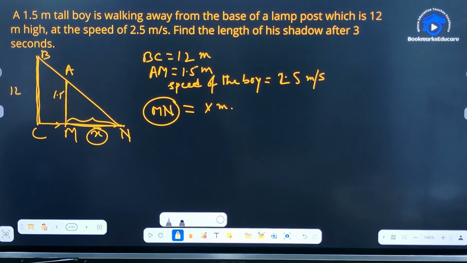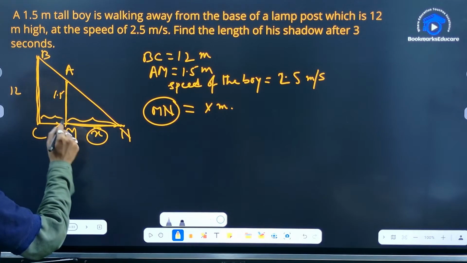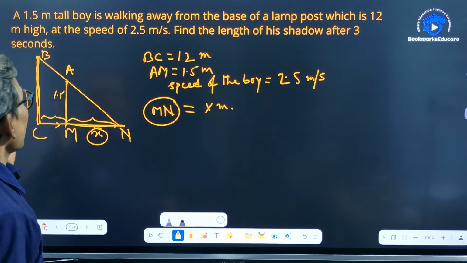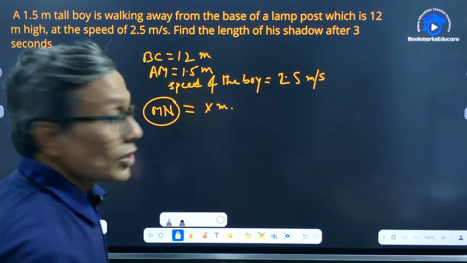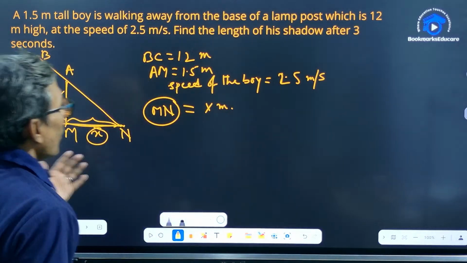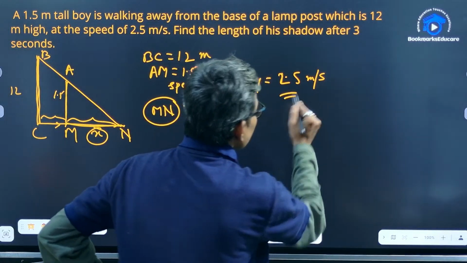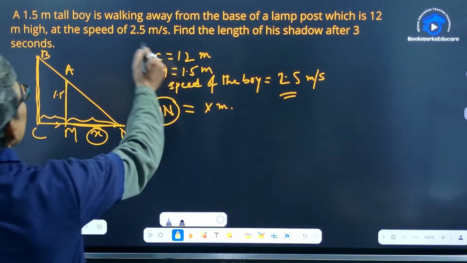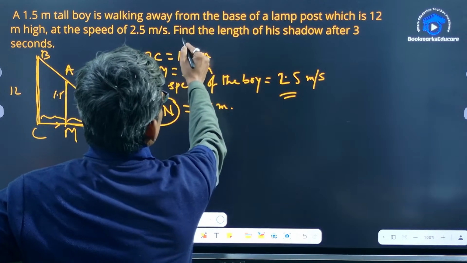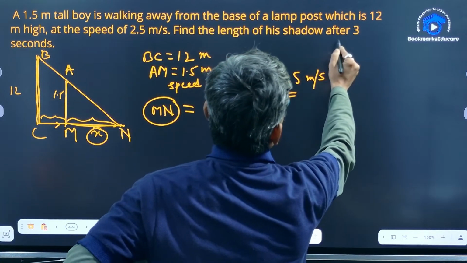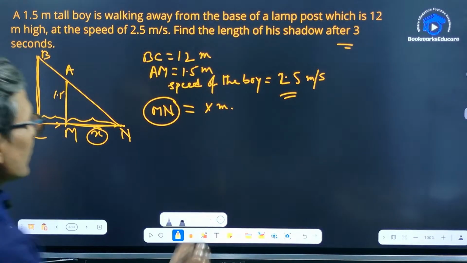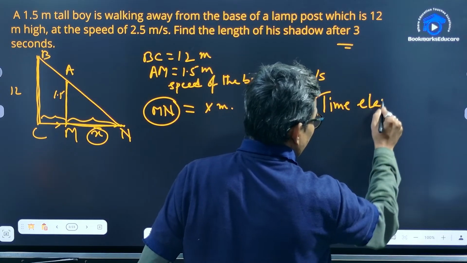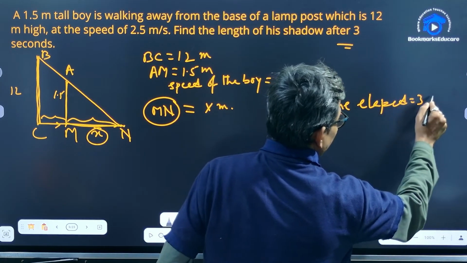The boy is walking from C to M. Then how much distance is covered by the boy? The speed of the boy is 2.5 meter per second, and we need to find the length of his shadow after 3 seconds, so the time elapsed is 3 seconds.